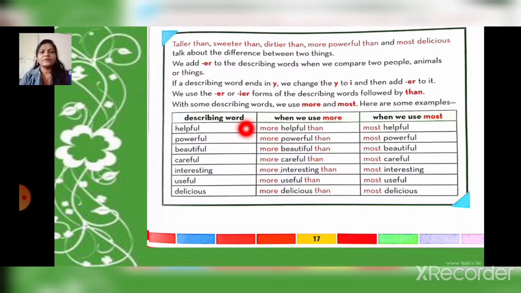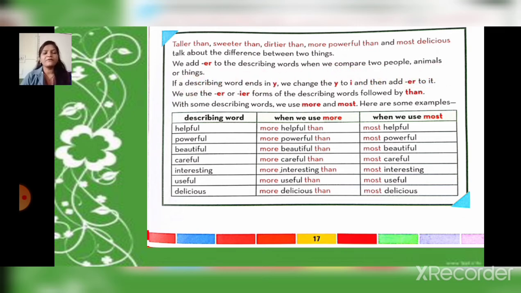Now in our textbook there are rules given: taller than, sweeter than, dirtier than, more powerful than and most delicious. They talk about difference between two things. Because er is used, it means this is a comparative degree. We add er to the describing words when we compare two people, animals or things.